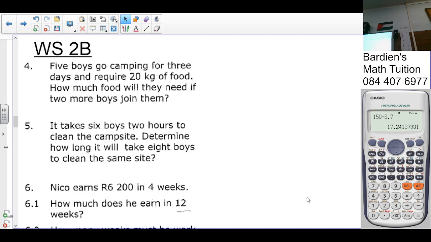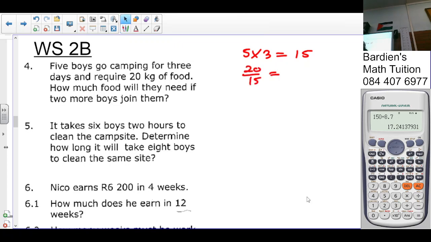So 5 boys go camping for 3 days. In other words, 5 boys times 3 days gives you 15 units they need for those 5 boys for 3 days. So for 20 kilograms, it's going to be 20 divided by 15.